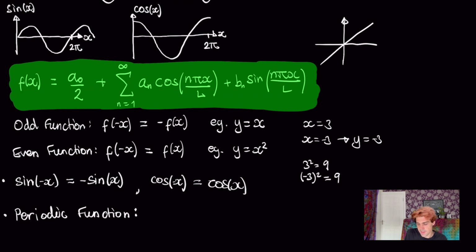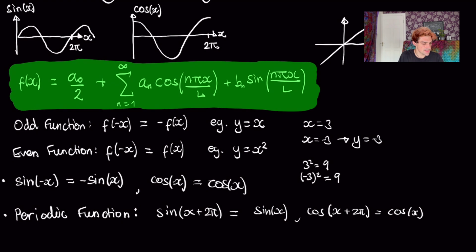But sine and cosine you can consider as examples of periodic functions, where if you have sine of x plus 2 pi, this will just be exactly the same as sine of x. And of course, same goes with cosine. So these functions are essentially repeating themselves every 2 pi.